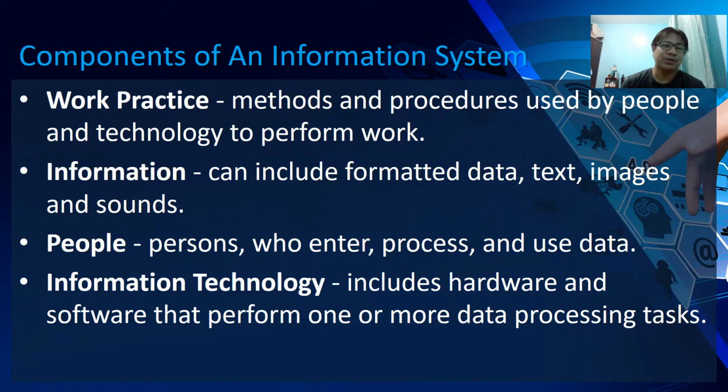Now, the components of an information system. First is the work practice. Work practice is the methods and procedures used by people and technology to perform work. Very straightforward. Next is information. Information can include formatted data, text, images, and sound.